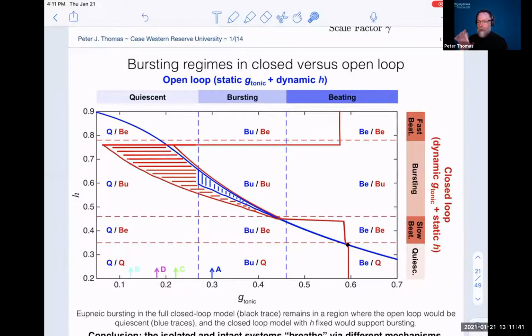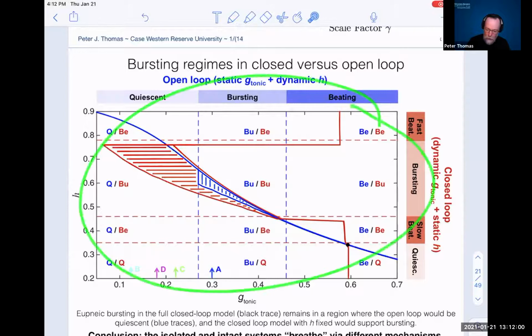So now if I look at the closed loop system, the norm, without H being fixed, I'm going to have a loop where H and G tonic are both varying. And oh gosh, if we were in class, I would have everybody draw a sketch for themselves of where in this diagram they think the pattern of normal breathing would be happening.